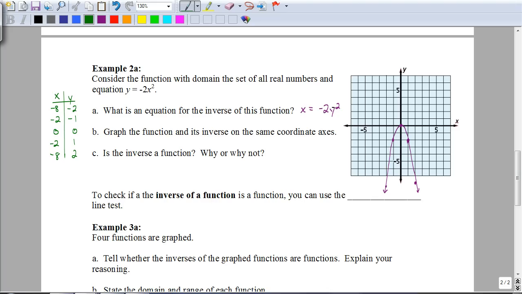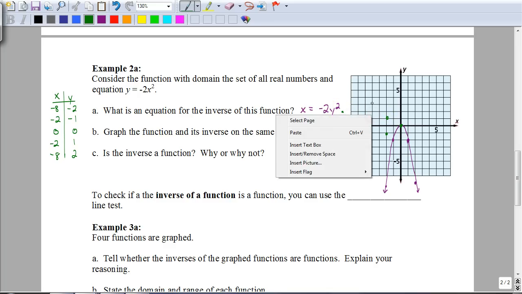Okay, so now let's graph these on the same grid. Again, my negative 8 isn't going to fit, but we can eyeball it. It's negative 5, negative 6, negative 7, negative 8. Negative 2 would be down here. Then we have negative 2, negative 1, 0, 0. And then we have the reflection here, negative 2, positive 1, negative 8, positive 2.